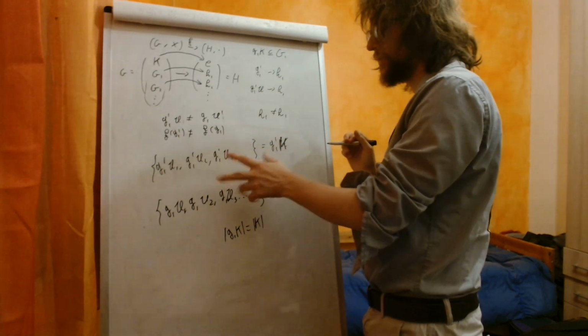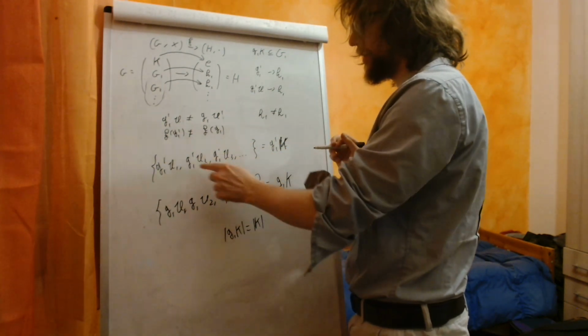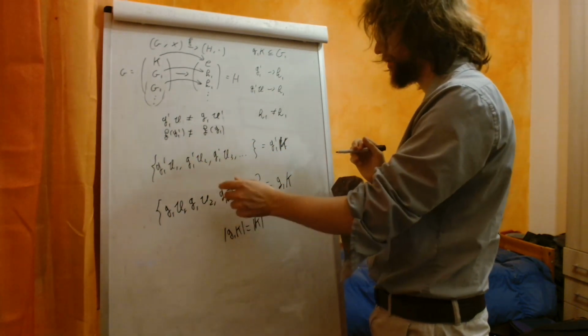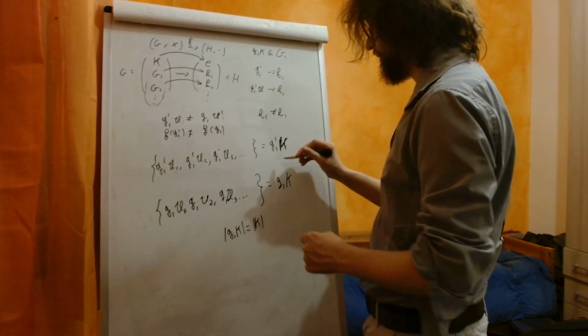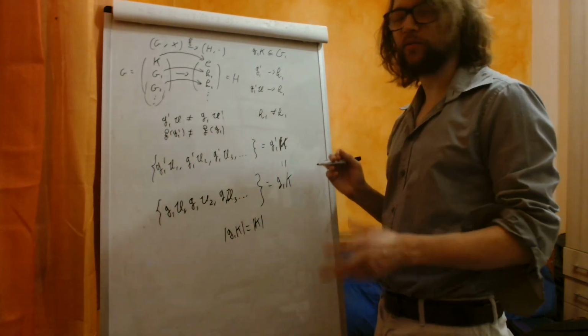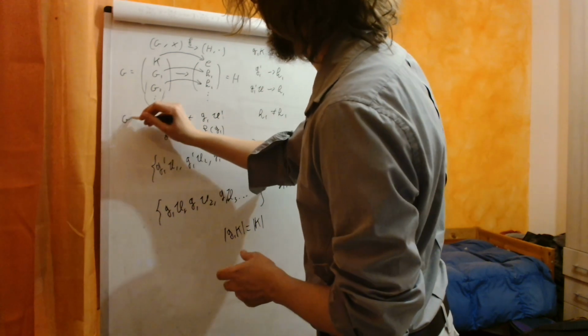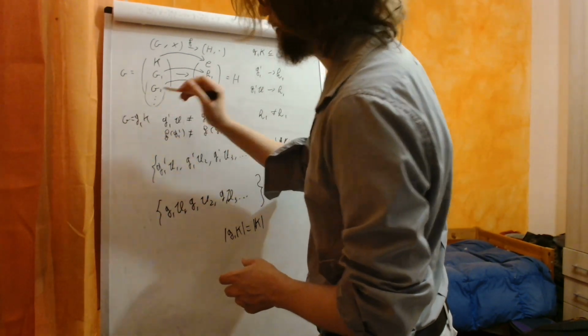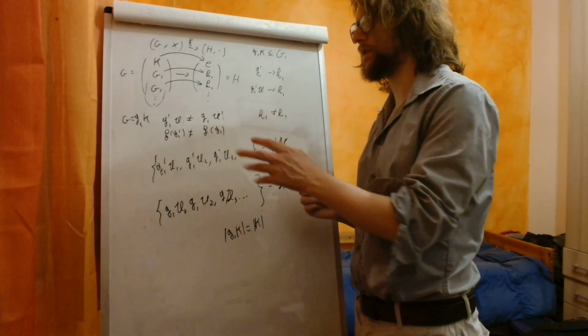So clearly all the elements here must correspond to one element here, so these are the same set. So we can write G1 as G1K for any element G1 in G1.